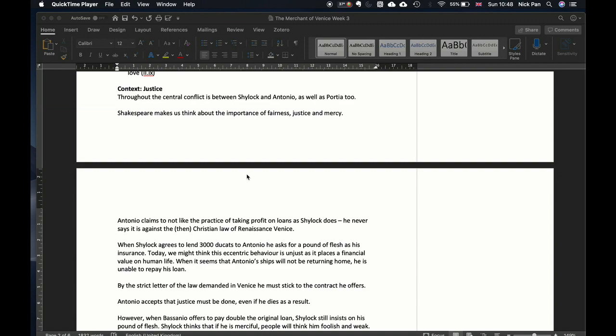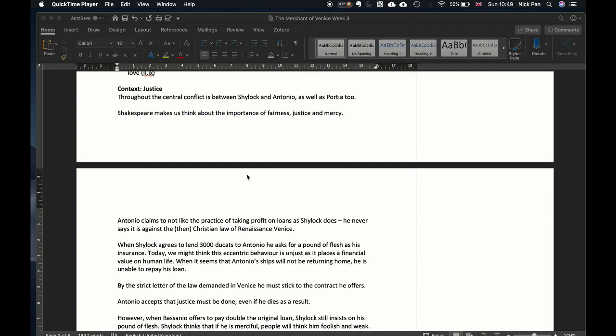That's the aim anyway. So let's offer a little bit of a summary on what happens as it relates to the ideas about justice in the play. Shakespeare makes us think about the importance of fairness, justice, and mercy, both as an original audience who would have been watching it in 1596 or 97, and to us moderns living in 2020 who are trying to get to grips with it.